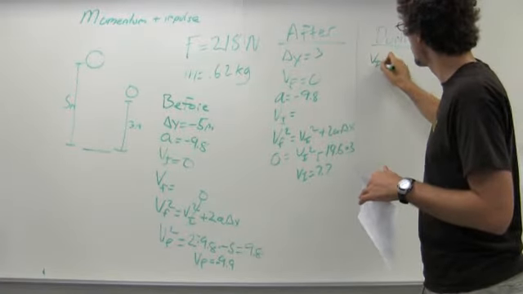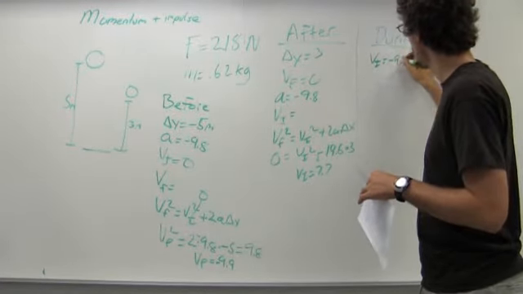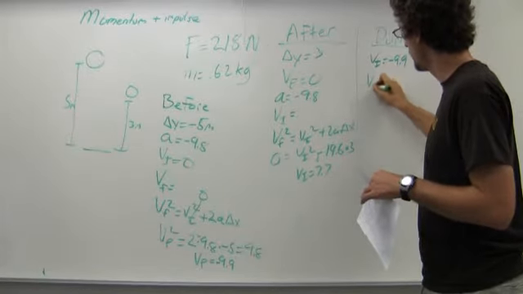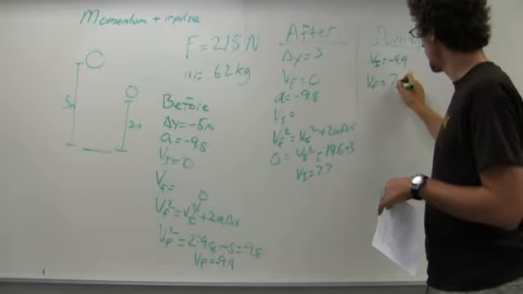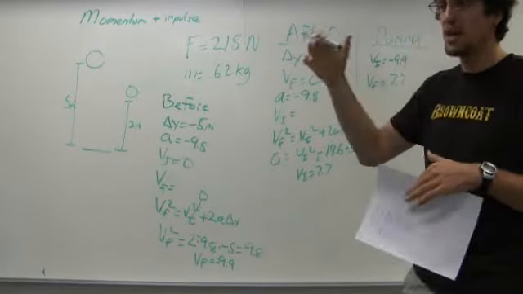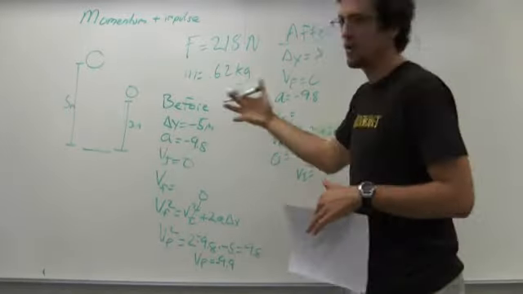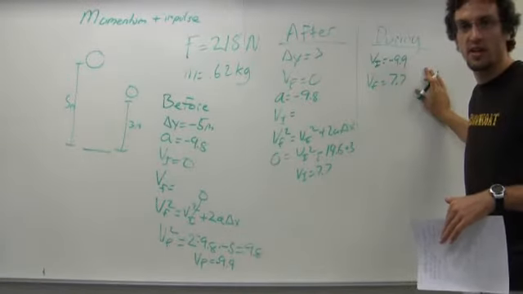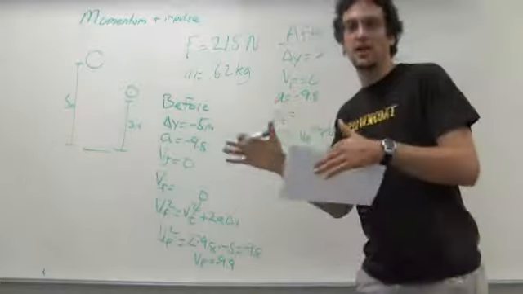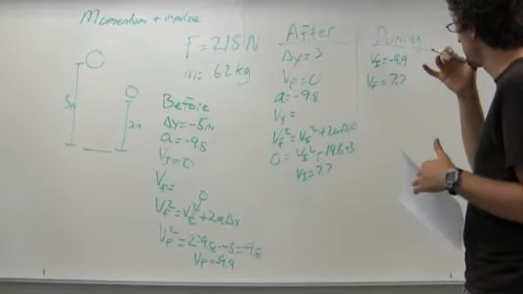So during v initial equals -9.9. And the final is going to be the initial part of the after. So we get 7.7. This is because these things are all connected in order. They're consequential. After the before happens, then the during happens, then the after. So at those endpoints, they have to match up.